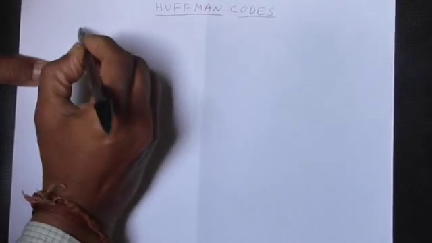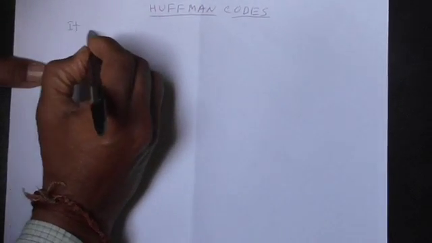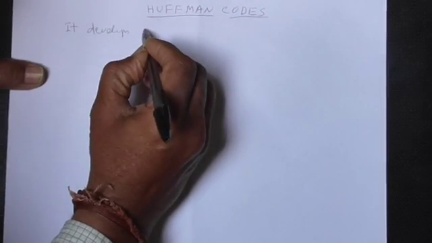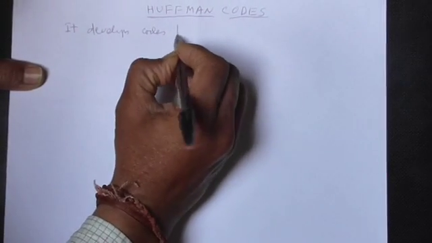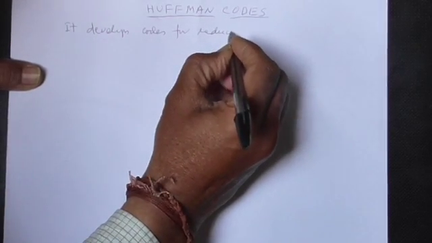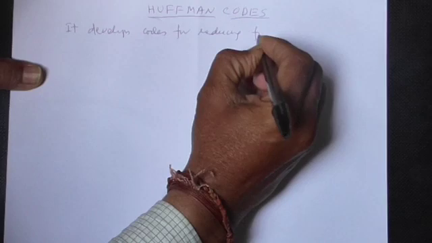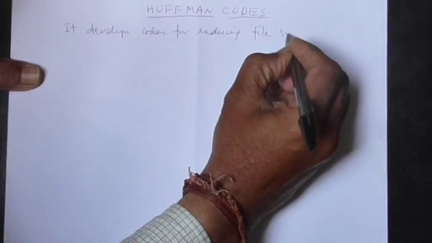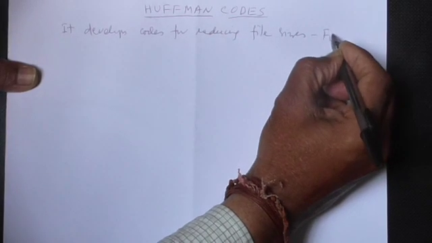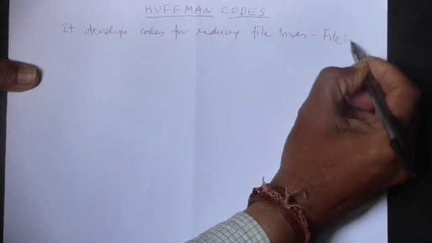So these Huffman codes develop codes for reducing file sizes. That is what you say file compression.